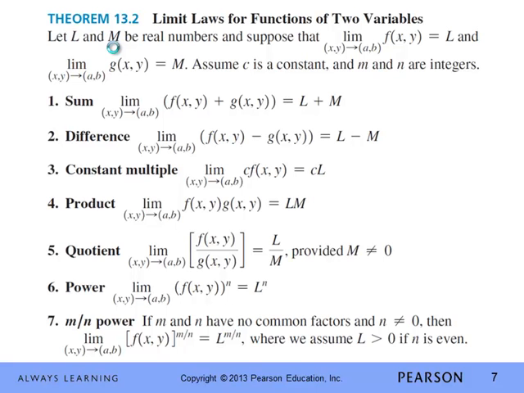Same thing for differences and constant multiples. So the limit of a constant multiple is the constant multiple of the limit. Products, quotients, as long as you're not dividing by zero. Powers, ratios, as long as you're not dividing by zero. Right? No surprises there. We could prove all these if we chose to, using epsilons and deltas. I'll leave that for you, especially for the math majors in the room.